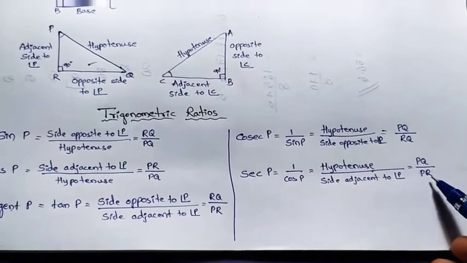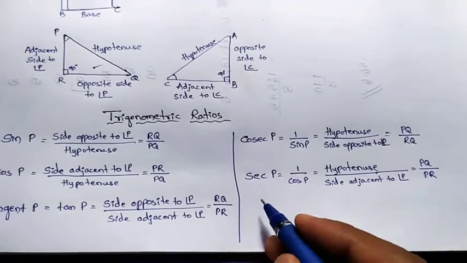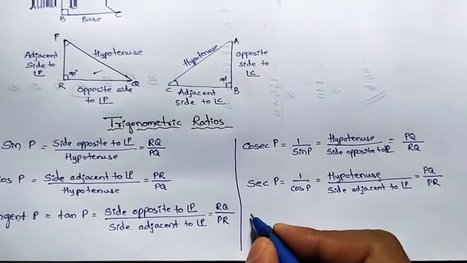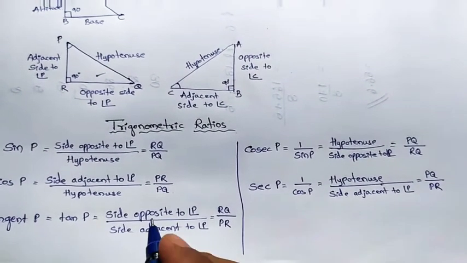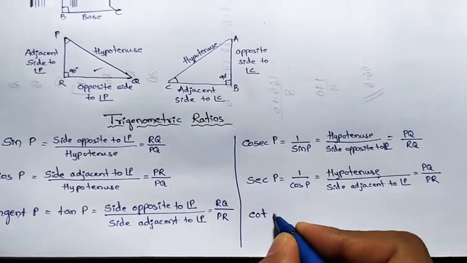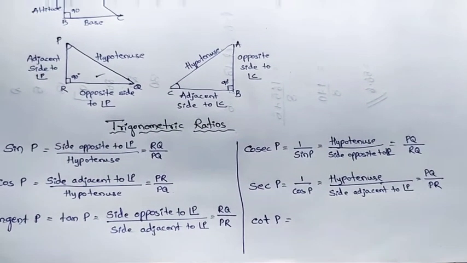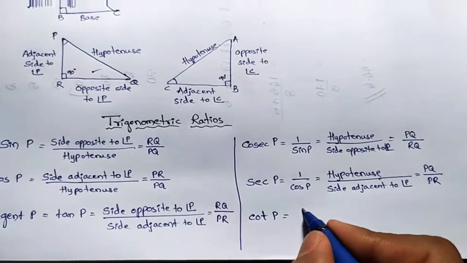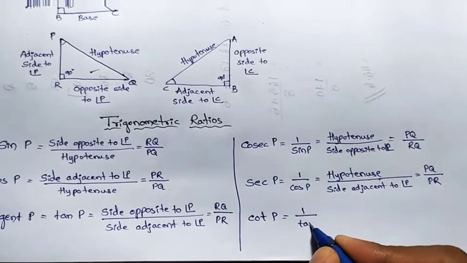So it is PQ by PR. After that, the last one is cotangent, cot P. Cot P means 1 by tan P.